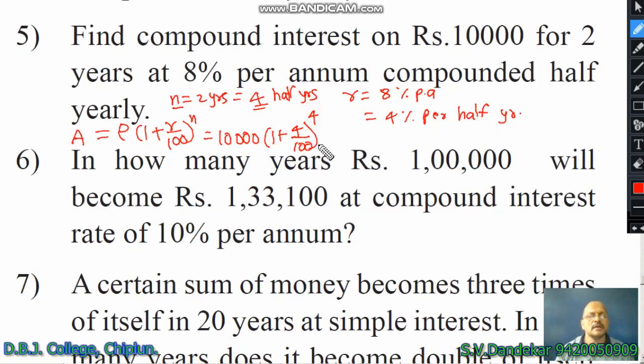Calculate this and find out the answer. But that will give you only the amount. You want compound interest, and compound interest I is equal to A minus P.